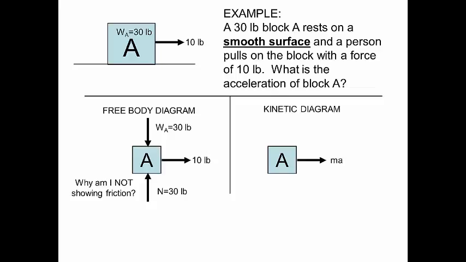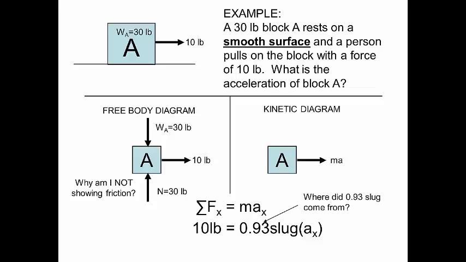If we're looking for the acceleration of block A, then we can sum the forces in the x direction and set that equal to the mass times the acceleration in the x direction. Our forces in the x direction are simply our 10 pounds. Our mass is 0.93 slugs, and we have our unknown acceleration in the x direction.